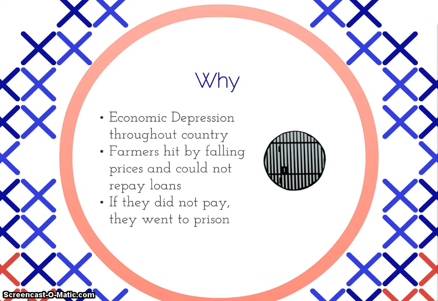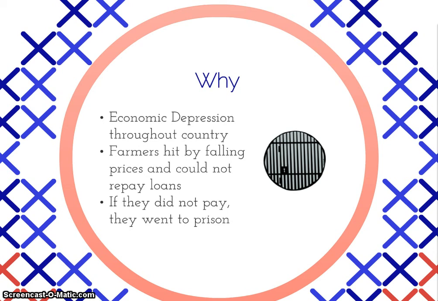In the United States, after the American Revolution, there's an economic depression throughout the entire country. States are trying to pay off the debt of the war. Prices of goods are falling rapidly, so farmers can't sell the products that they would normally sell and make a profit off of.